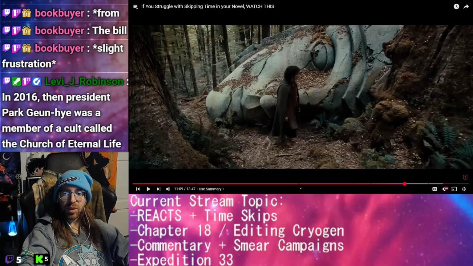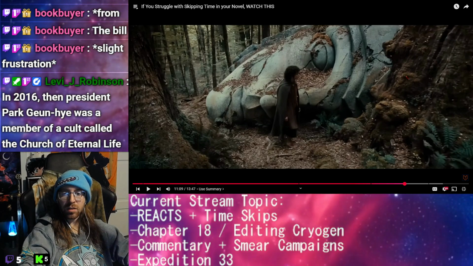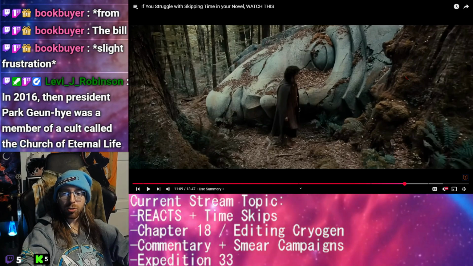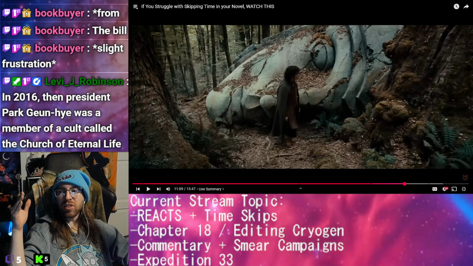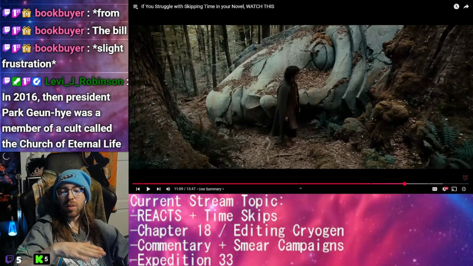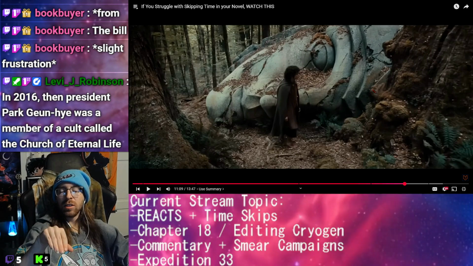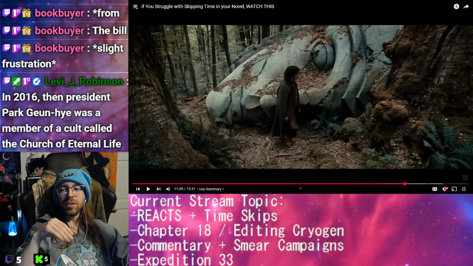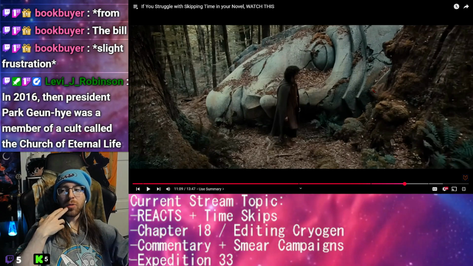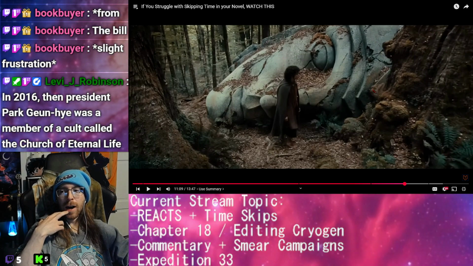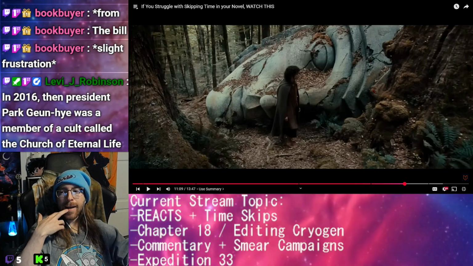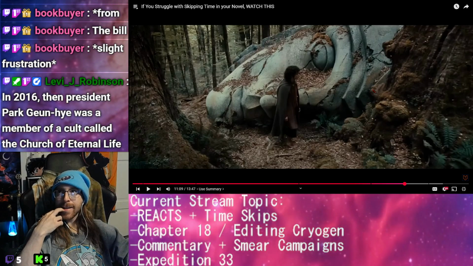In 2016, then President Park Geun-hye was a member of a cult called the Church of Eternal Life. Now the question is, Levi, what does the cult believe? Because I don't really care if you're part of a cult, as long as that cult isn't like human sacrifice, sex trafficking, and indoctrination from birth. All the bad things.